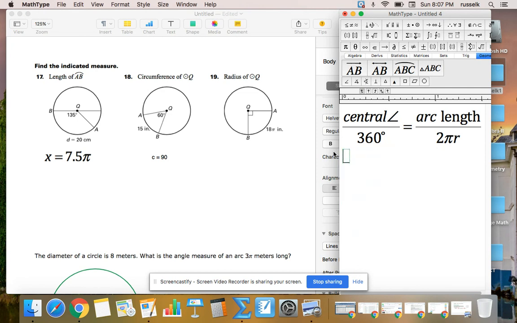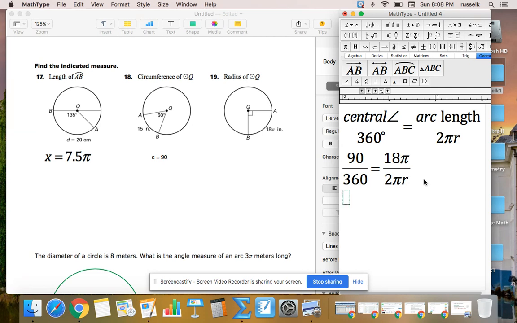In number 19, they ask us to find the radius. So we should be able to fill in everything else but the radius in this problem. So the central angle is 90 degrees over 360. That will equal the arc length, which we know is 18 pi, and then the circumference, 2 pi r. We're trying to solve for r, so we want to leave that in our problem.